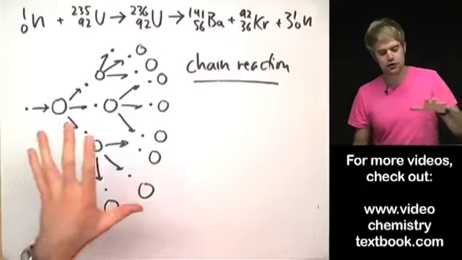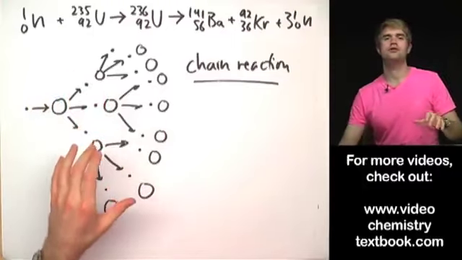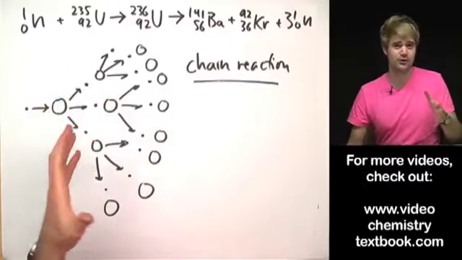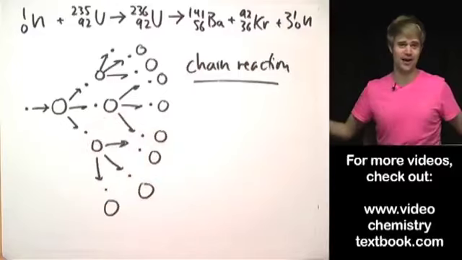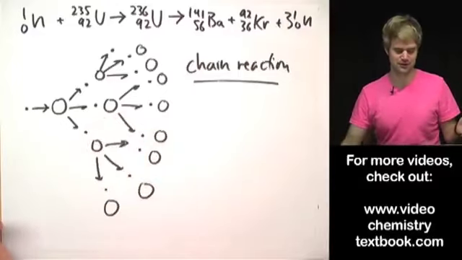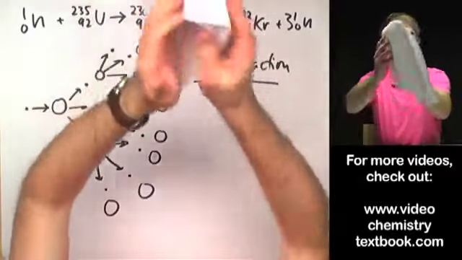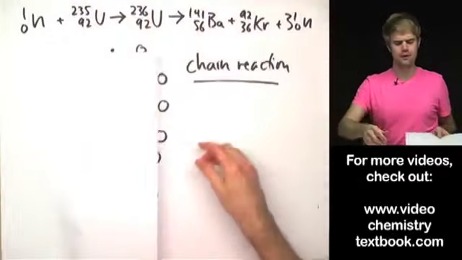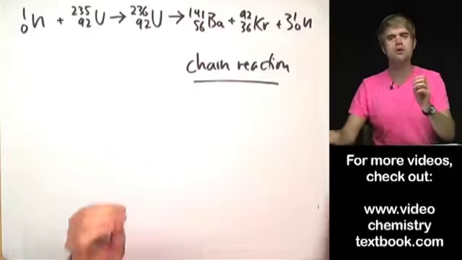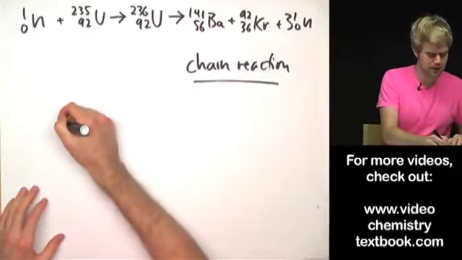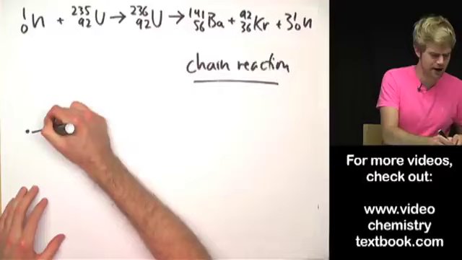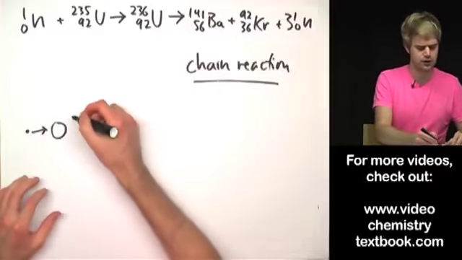But if you're using nuclear fission for something like a nuclear power plant or a nuclear submarine, you don't want to have a huge amount of energy being released. And so there are a few ways that you can control the amount of energy that's released. One of them is to just use a smaller amount of uranium. Here's what I mean. Here's a uranium atom, and here's the neutron heading towards it.